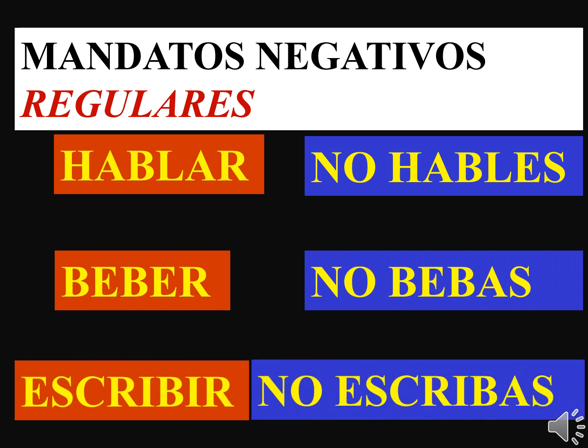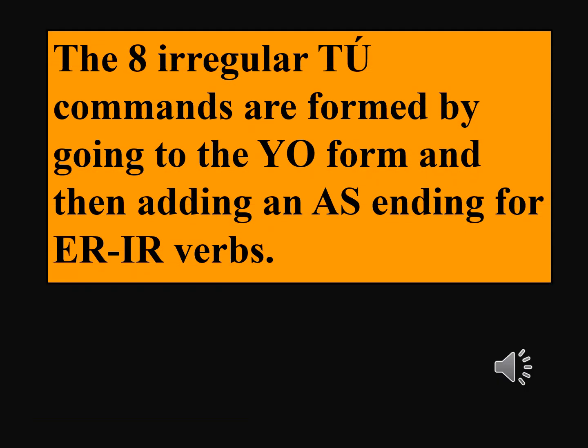Here are the three basic verbs we saw before: no hables, no bebas, no escribas. Because all 8 of the irregular verbs that we showed you for the tú commands are ER/IR verbs, we're going to be putting an AS ending on it.